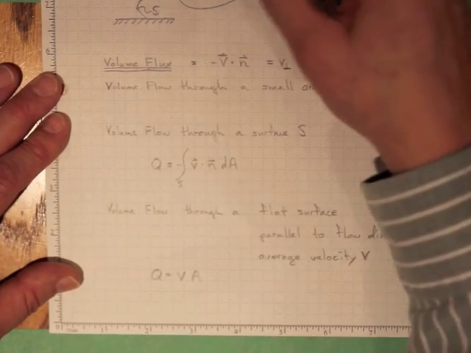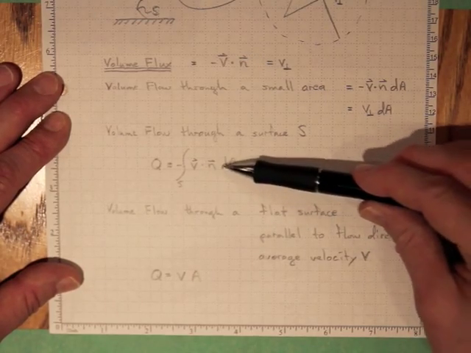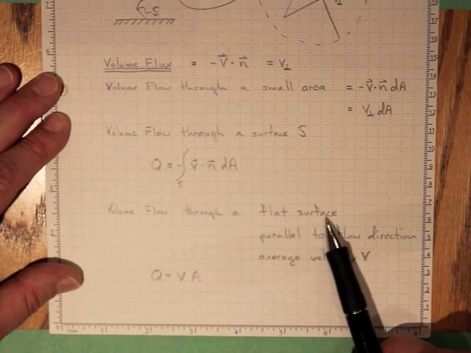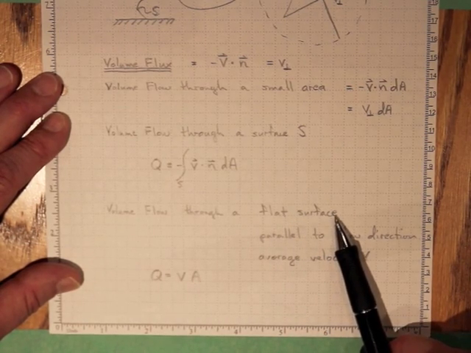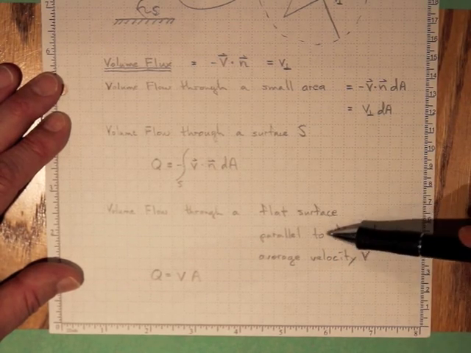Now, the details of what the surface is shaped like will tell you how to formulate this part of the integral. If we're looking at the volume flow through a flat surface, it's going to be a lot easier, because we're looking at just the component.